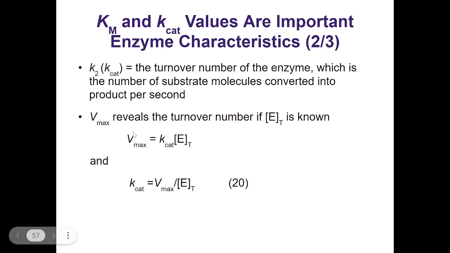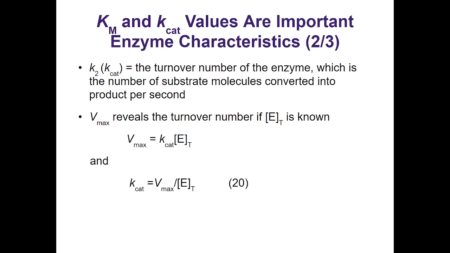So if you maximize Vmax, this K value right here is not going to have anything to do with the binding, is it? Because we bound everything. The K value in this case, if we're at Vmax, is purely going to be the forward reaction with the catalyst, right?